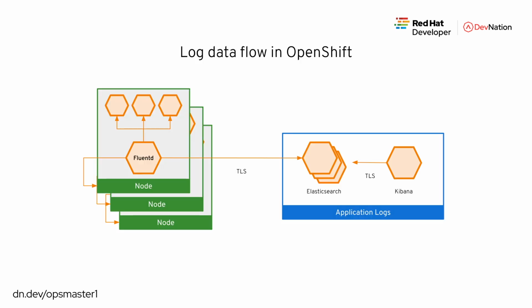From a data flow perspective, what happens is we have FluentD running on the node, or all the nodes. FluentD is configured to pull the log messages from the container runtime. It captures all of those, and then it sends them securely directly into the Elasticsearch cluster. When users go to look at the logs, they access the logs through the Kibana interface.